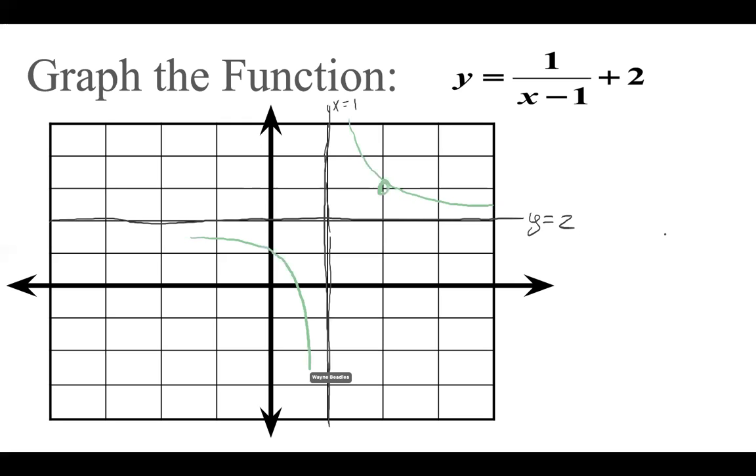These get really close to the asymptotes. We don't even have to graph it with a graphing calculator to know what it looks like. It's going through 3, 2, or 2, 3, I should say, and it's also going through this point, which is 0, 1.